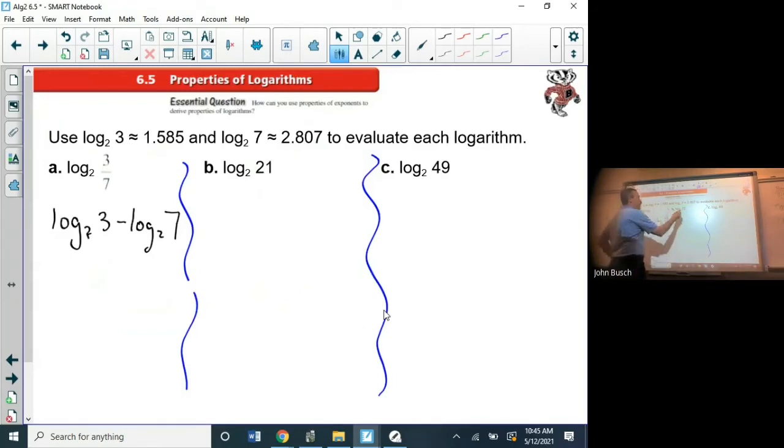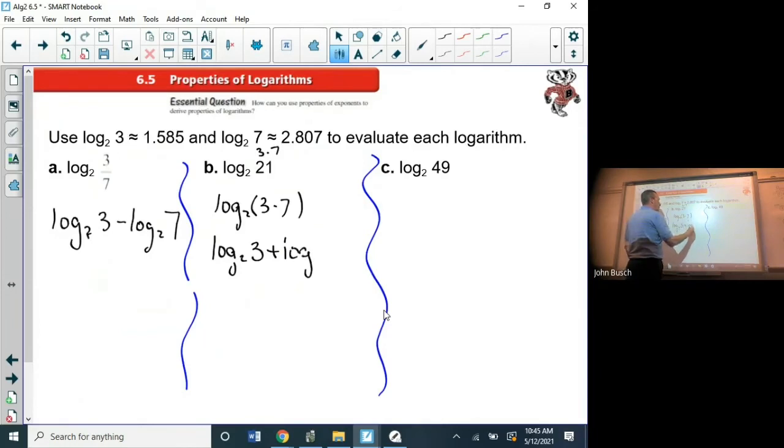Okay, so anyway, 21, since we know, is 3 times 7. This is log base 2 of 3 times 7, right? And when you have a log of a product, you can rewrite it as the sum of 2 logs: log base 2 of 3 plus log base 2 of 7. And then, of course, you can use these decimal approximations, add those 2 decimals together, and you'll get the same decimal as you would have gotten using log base 2 of 21.